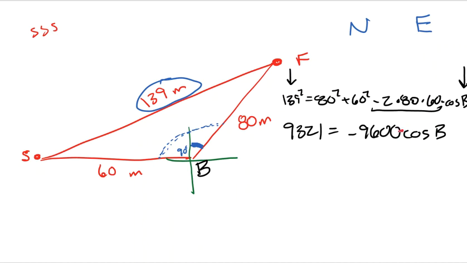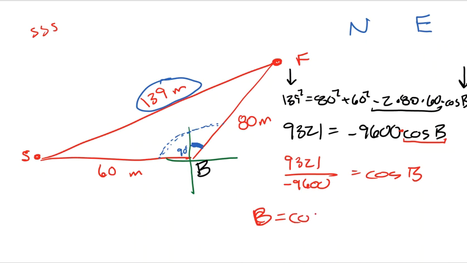So to undo that multiplication to solve for cosine, I have to divide. So I get 9,321 divided by -9,600 equals cosine of B. Maybe that fraction can be reduced, but I don't even care, because I'm going to use my calculator anyway by pulling the old switcheroo. So angle B is the inverse cosine of 9,321 divided by -9,600.